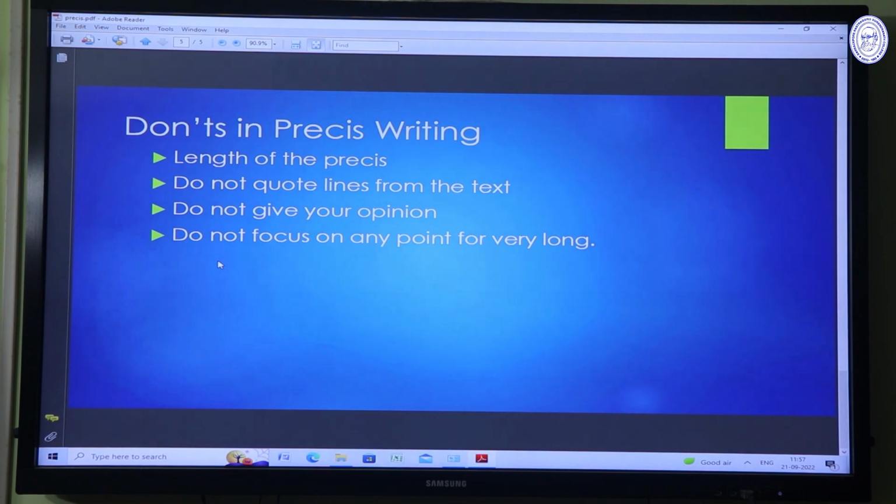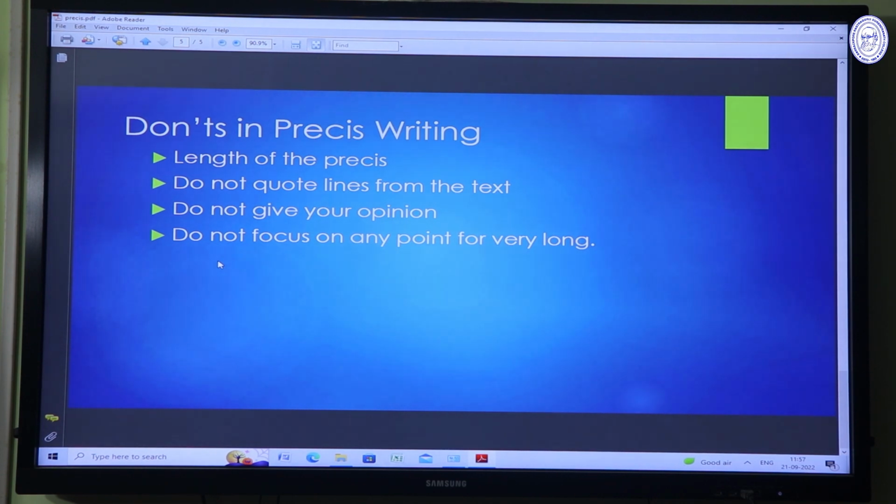That is strictly prohibited. Next rule, the information given in the passage should remain the same. You cannot create your own information, right?